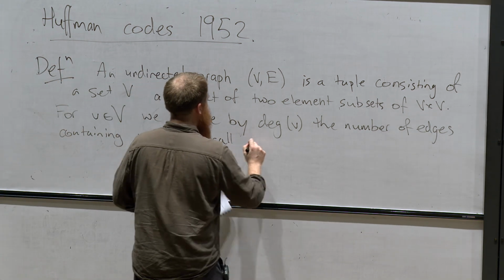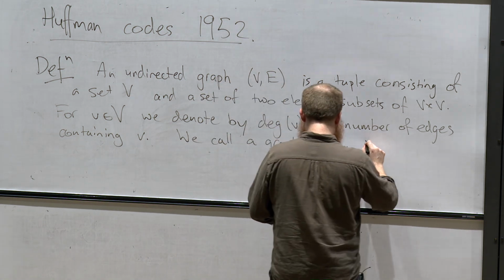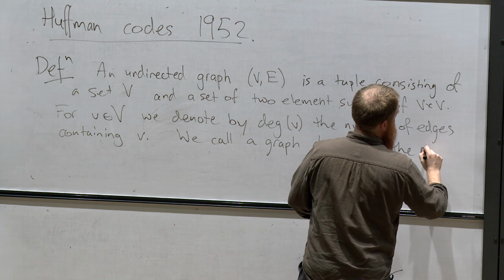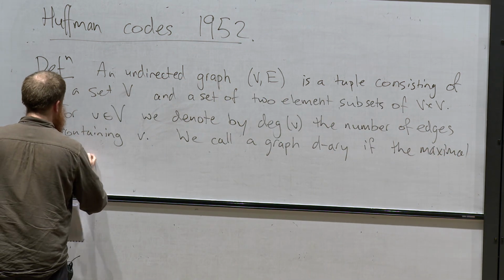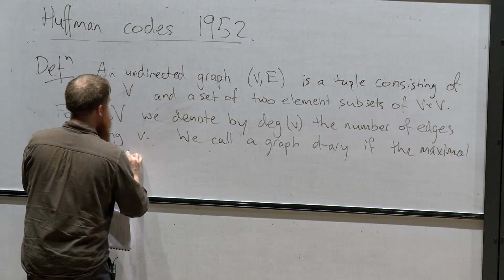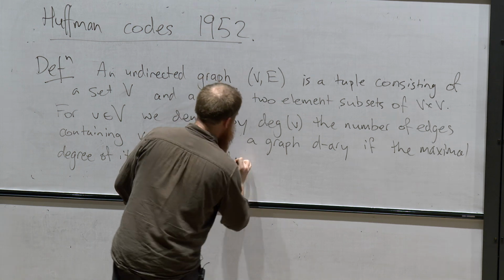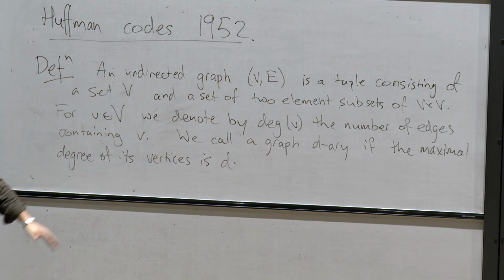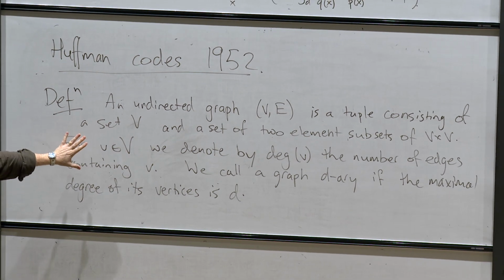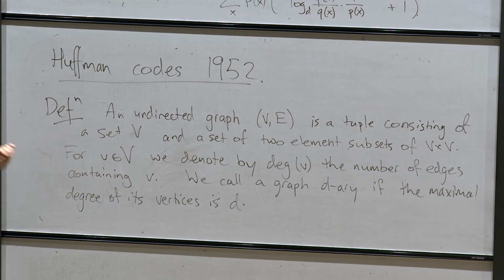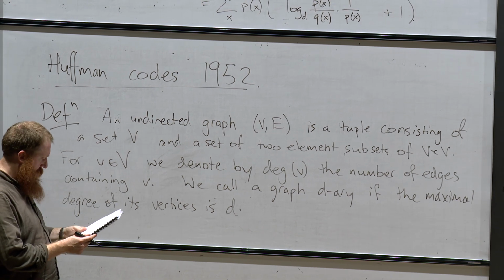We call a graph d-regular if the maximal degree of its vertices is d. And our interest is going to be d equals 2, principally. So these are binary trees where each vertex has two edges associated with it.